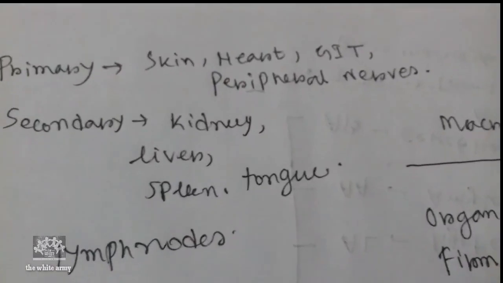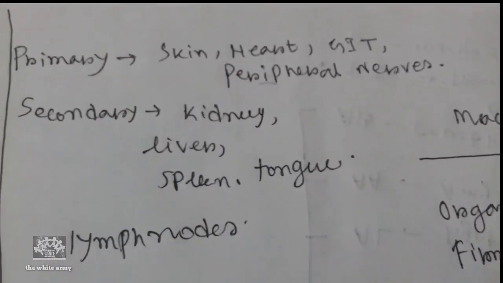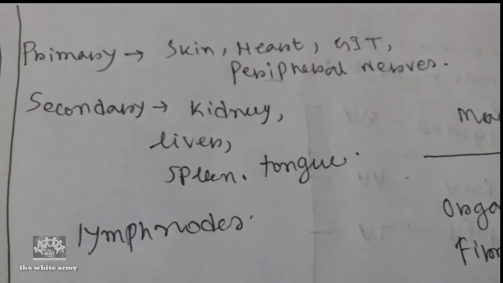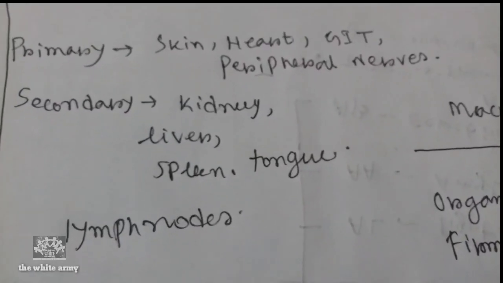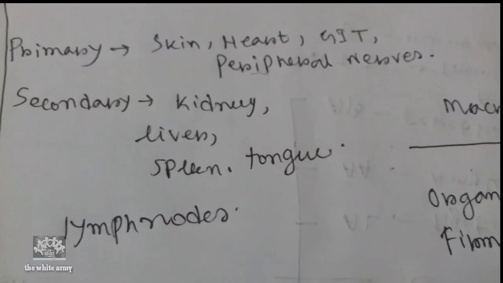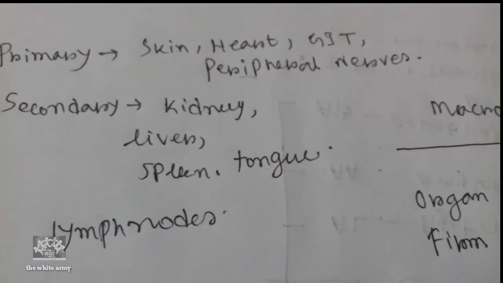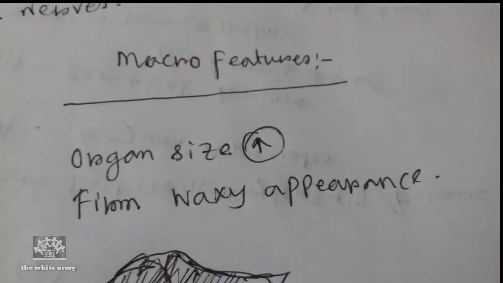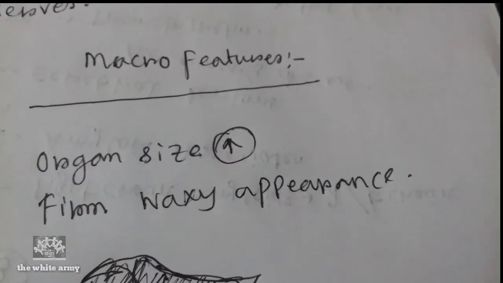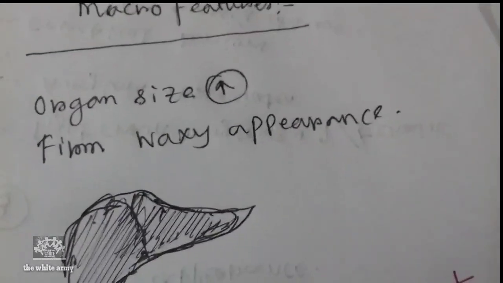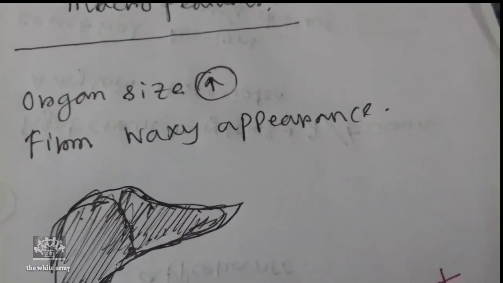Now, in case of primary amyloidosis, the organs affected are the skin, heart, GIT (gastrointestinal tract), and the peripheral nerves. And in case of secondary amyloidosis, the kidney, liver, spleen, tongue, and the lymph nodes are mainly affected. There are some macro features seen in amyloidosis. The organ size increases, and in cross section of the organ, we can see a firm, waxy appearance.